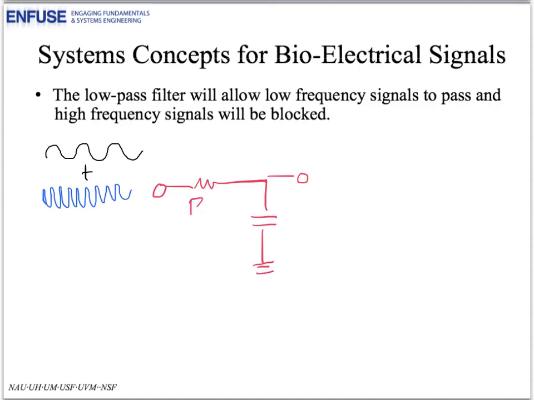And when these two signals pass through the low pass filter, of course the low frequency signal will be allowed to pass, the high frequency signal will not be allowed to pass, so coming out of the output of the filter is only the low frequency signal.